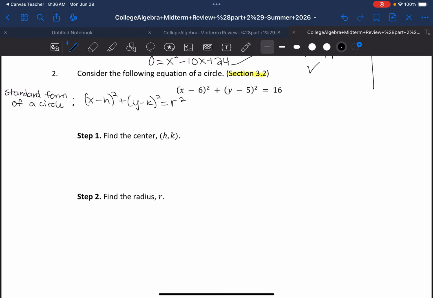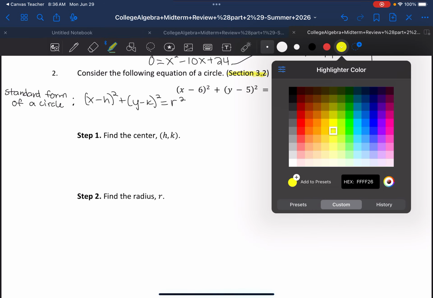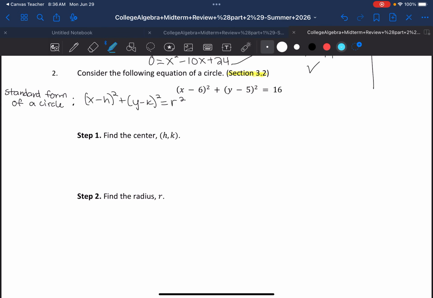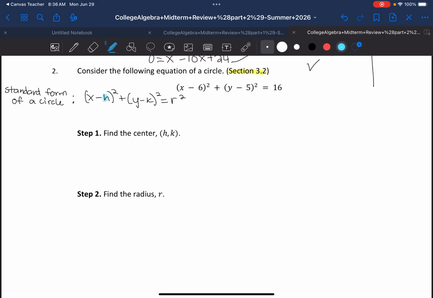So if you have an equation in this exact form, then this is a circle because you have an x squared and a y squared. That is what makes a circle. And whatever number is here and here, the h and the k, that is what gives my center.